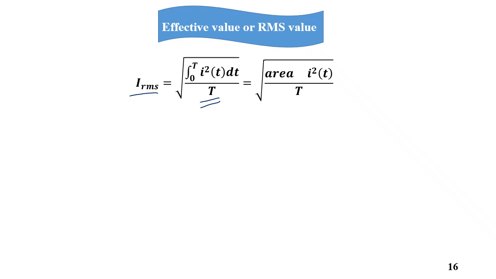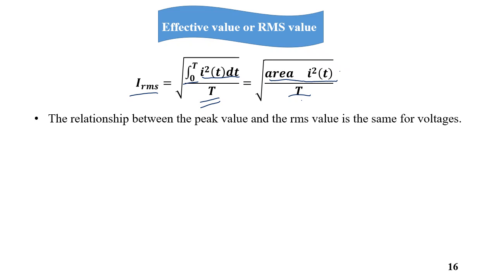We get the integral of i squared of t dt, and get the area by taking the integration from 0 to T. Or if we get the area under i squared of t and divide by the periodic time, we then take the root of the mean of the squared waveform.